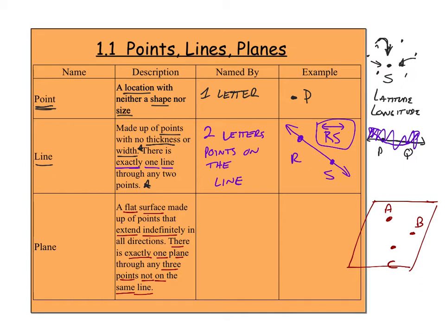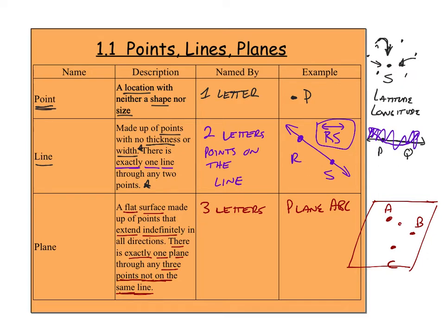This is how we draw a plane. It is usually named by 3 letters, so this one would be plane ABC. Notice again, not on the same line.